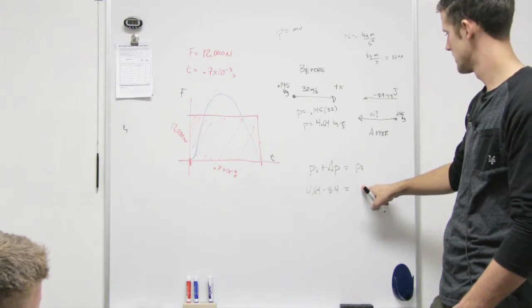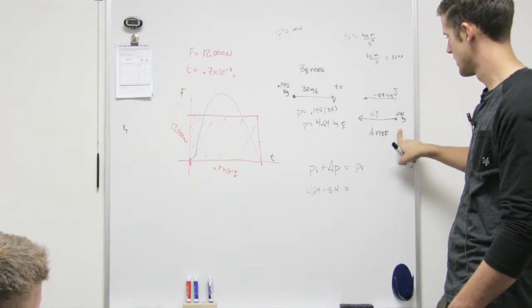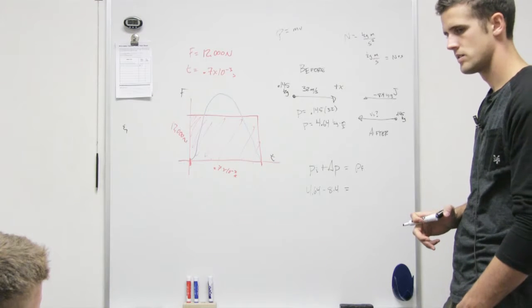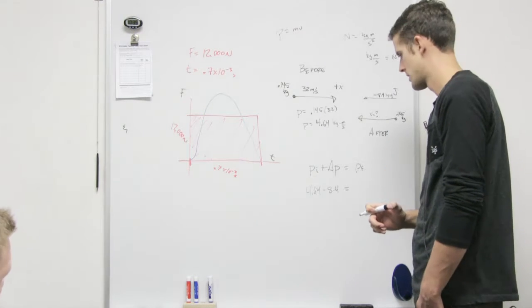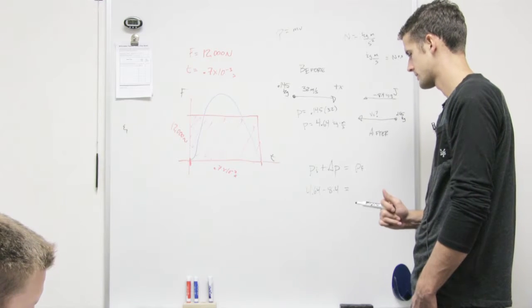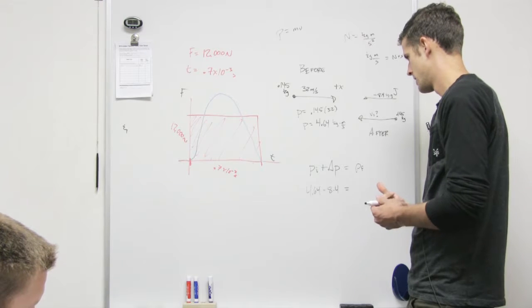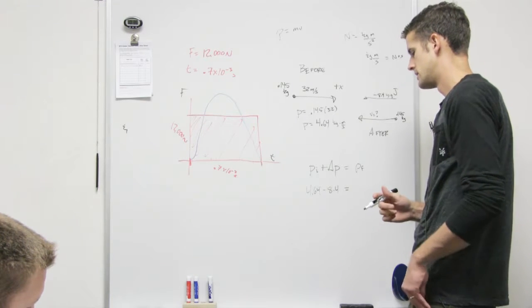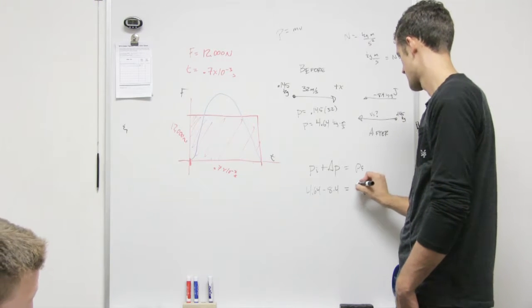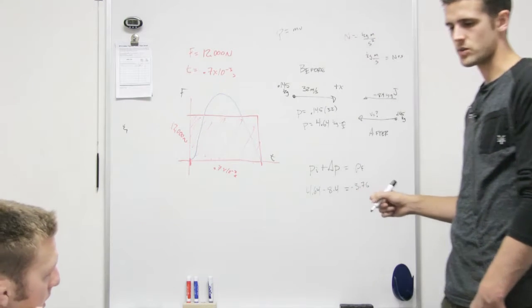It will be negative, like 3 point something. Negative 3.76. So is that the answer to the question though?